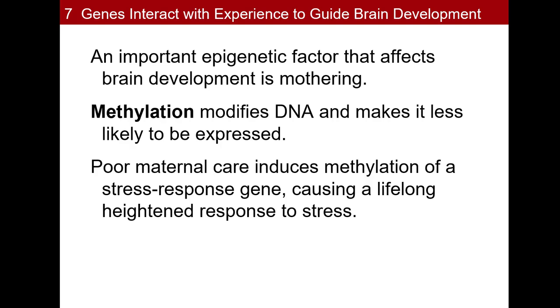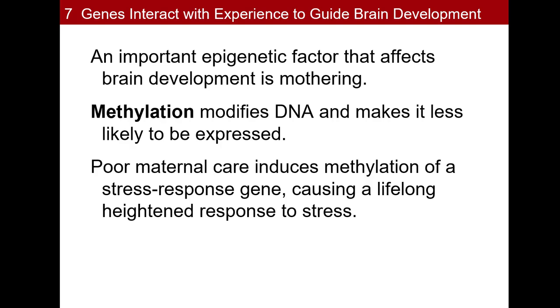You see the term methylation here. Methylation makes a particular gene less likely to be expressed. So here's the way this works. They've done research on this in animals, but then they've also replicated this somewhat with humans as well.